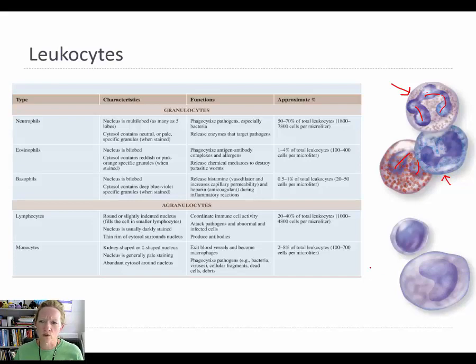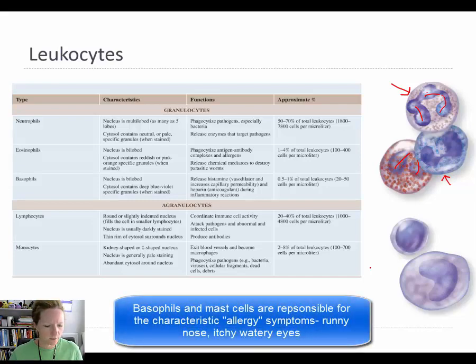Let's talk about what's in those granules. They are histamine and heparin. Anytime we have an inflammatory reaction occurring in our body, it's because of our basophils. We'll also talk about mast cells and the immune system later. Basophils create this inflammatory reaction.